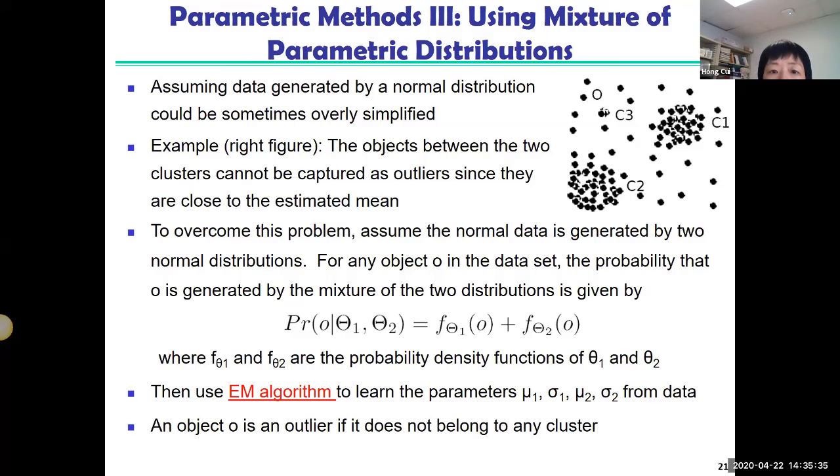We could also use a mixture of parametric distributions. This has to do with the EM algorithm. So earlier we were assuming that all data are generated by one normal distribution, which obviously is not the case.